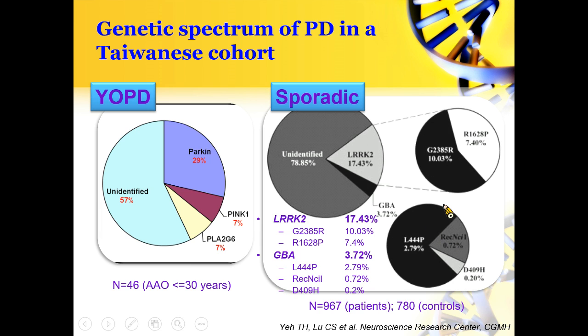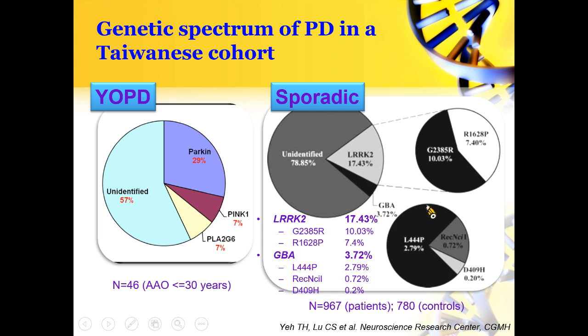The genetic spectrum of Parkinson's disease in our Taiwanese cohort shows Parkin is the most common genetic cause of young-onset PD patients with age onset less than 30 years, followed by PINK1 and PLA2G6 mutations.